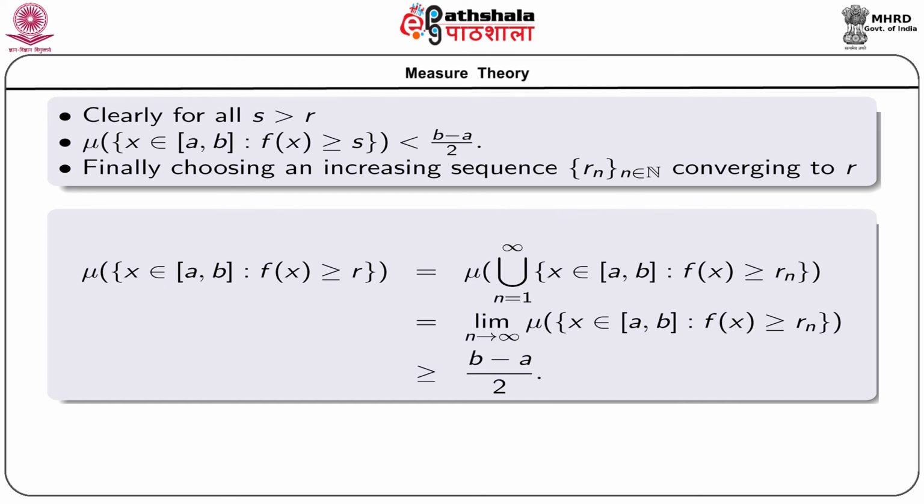Again, this is equal to the limit as n tends to infinity of the measure of x in [a, b] with f(x) ≥ r_n. Here we use the fact that Lebesgue measure is continuous from below, and this is greater than or equal to the number (b − a)/2.